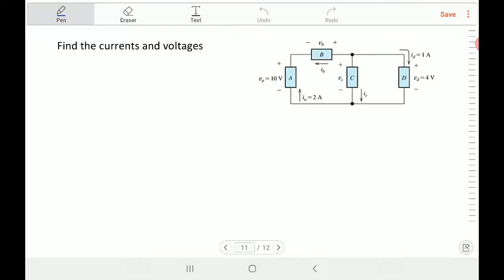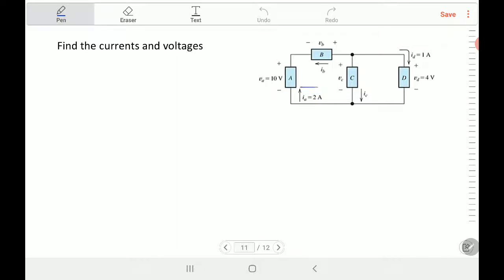Okay, here is a nice problem. Find the current and the voltage. That will be a good test. Let's see first IB and IA. What is the relation between IA and IB? Since they are in series, they should be the same. You can't have in series a current in this direction and a current in that direction.